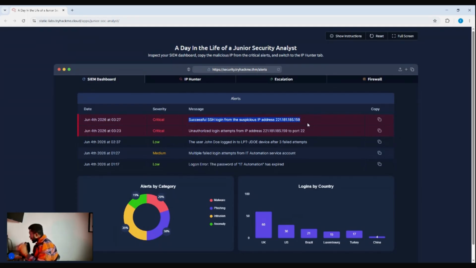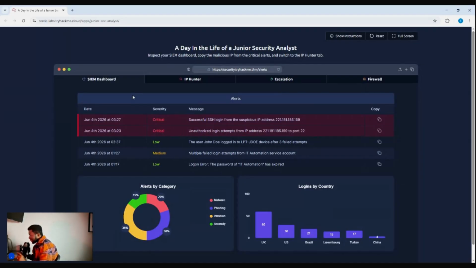This is an alert that the SOC Analyst has received on the SIEM. SIEM is a security tool that is used to analyze the activity happening in the network.